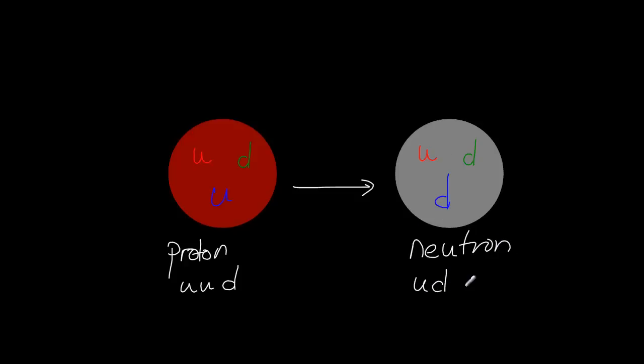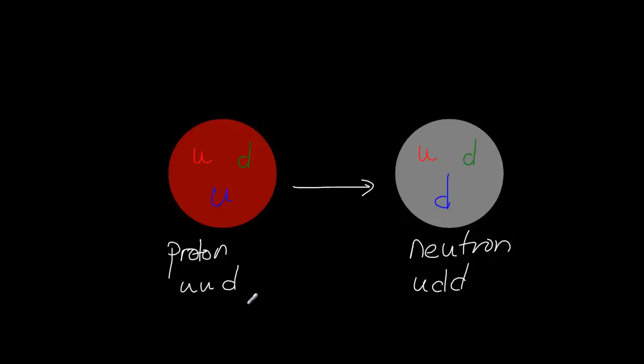And again, if we were to zoom into the nucleus, what we'd see is we are starting off with a proton, whose quark configuration is up, up, down, and this is going to turn into a neutron, whose quark configuration is up, down, down.